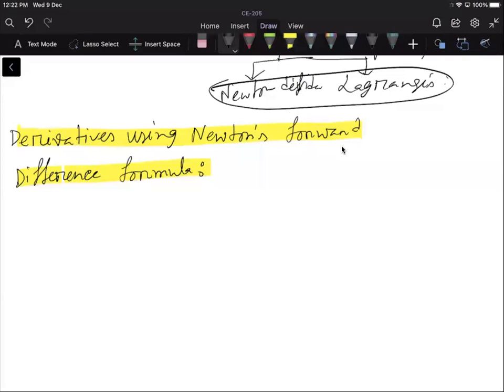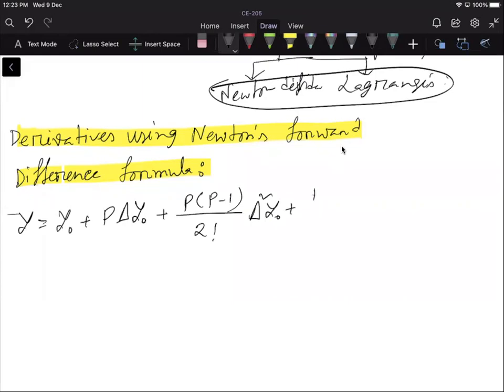Newton's forward difference formula. If you can recall, the formula is y = y0 + p Δy0 + p(p − 1)/2! Δ²y0 + p(p − 1)(p − 2)/3! Δ³y0 + and so on.